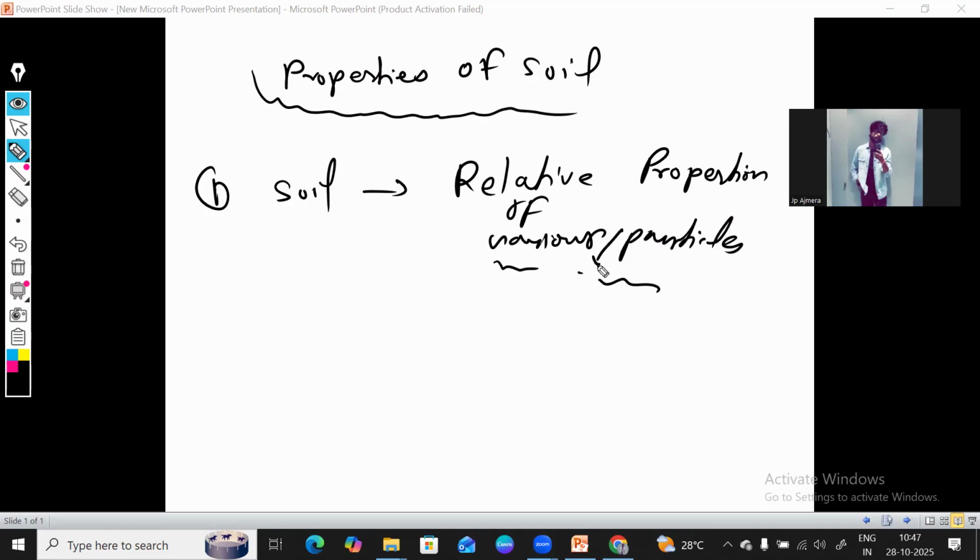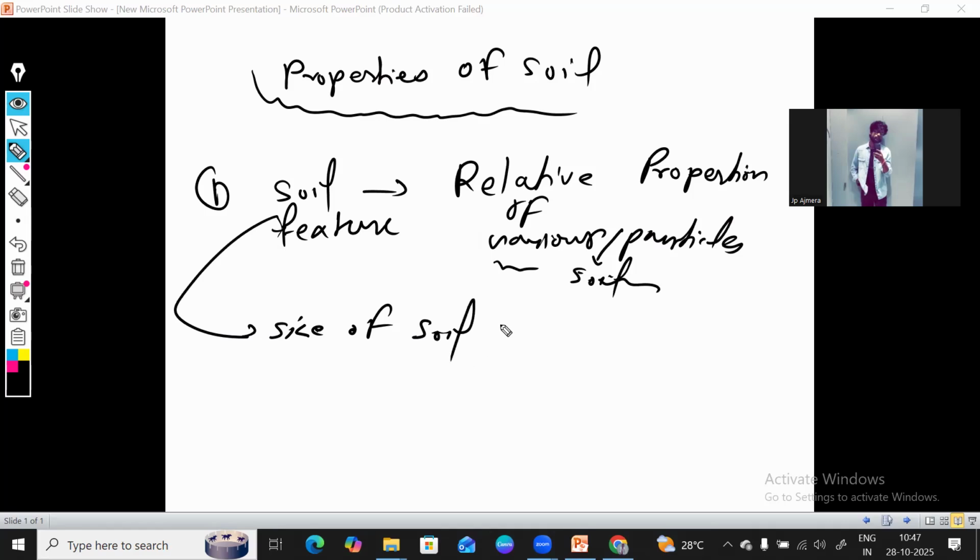Basically, soil texture is the relative proportion of the soil particles. Another definition is that it refers to the size of soil particles.